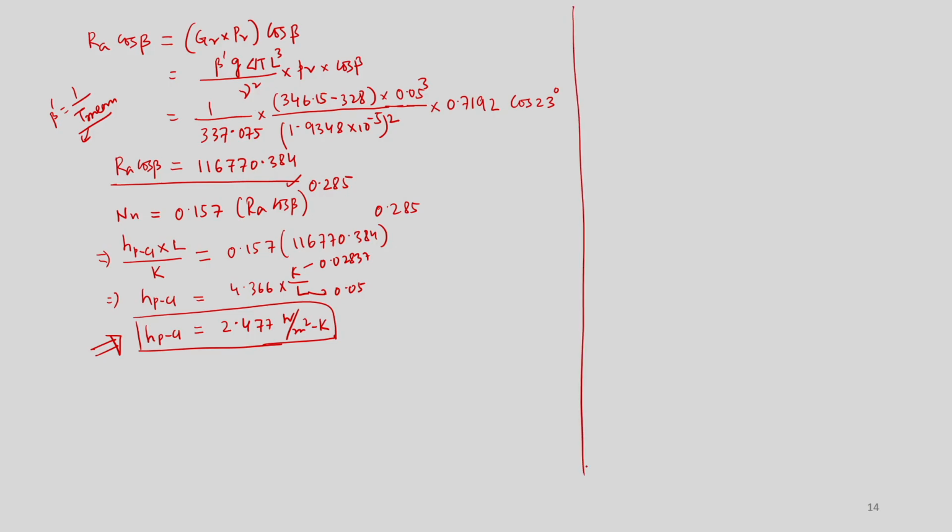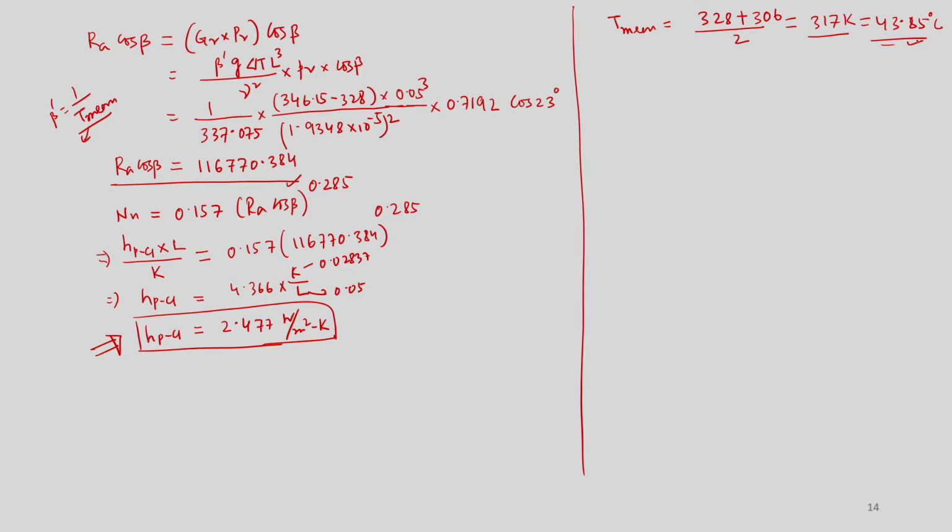So, I will write it here. T mean will be 328 plus 306 divided by 2. So, which will give us a value of 317 Kelvin, right, and which is nothing but 43.85 degree C. Okay. So, this is the temperature.